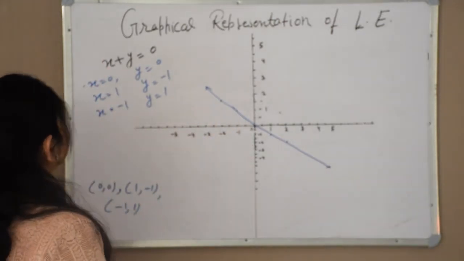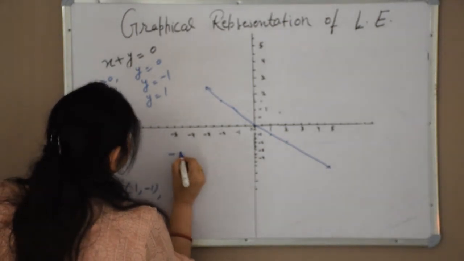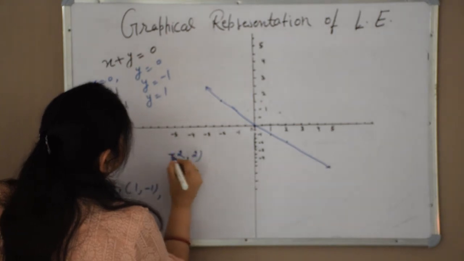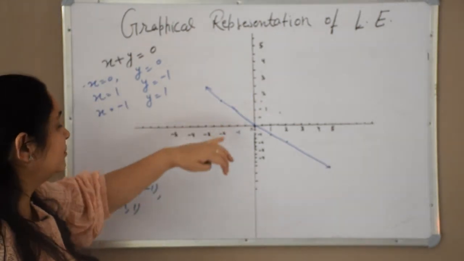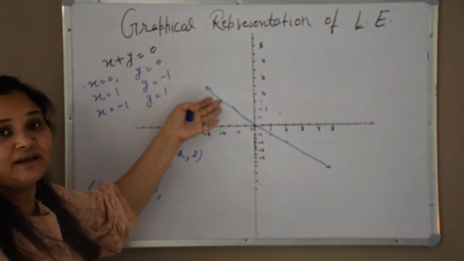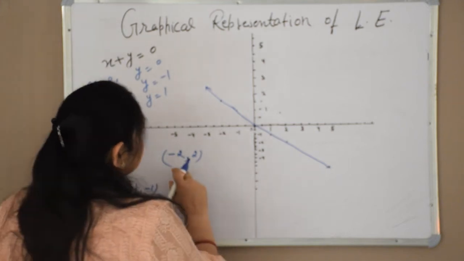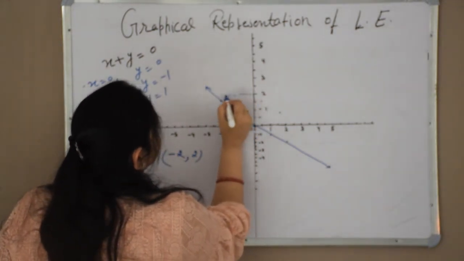Whatever I am taking, suppose I am taking the solution x is equal to minus 2. If I am taking x as minus 2, so my y will be 2. So I want to see whether this point lies on the line or not. If this point lies on the line, then definitely it is a solution of the linear equation. Now (minus 2, 2), see, this point is here.